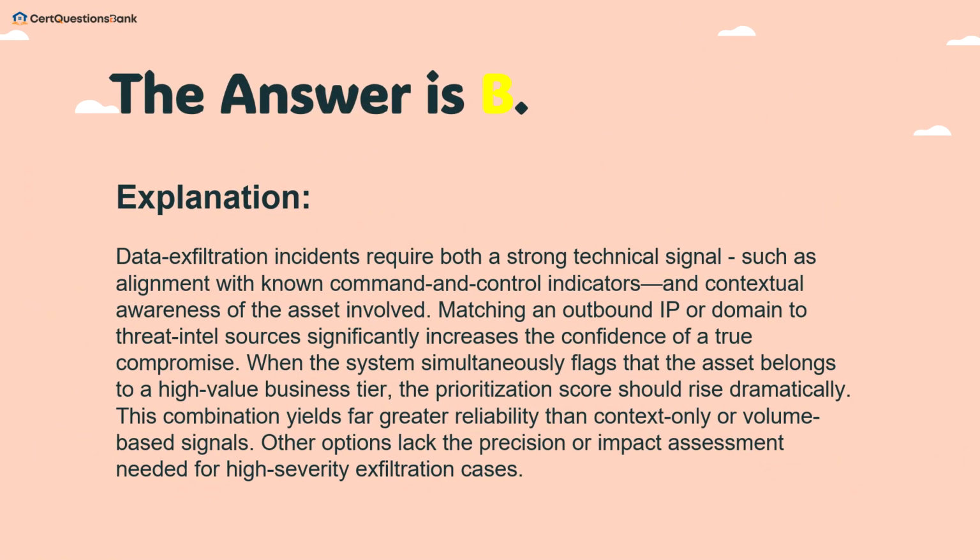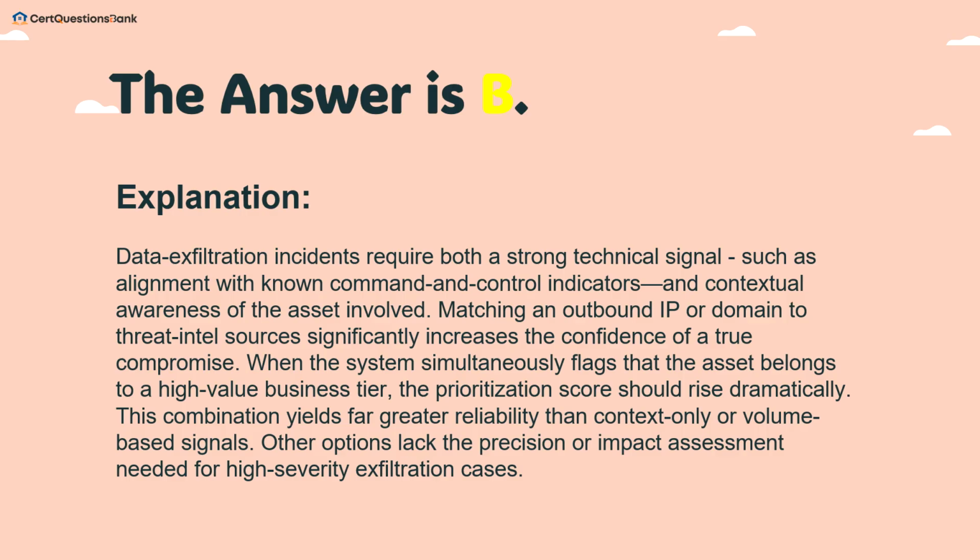The answer is B. Data exfiltration incidents require both a strong technical signal, such as alignment with known command and control indicators, and contextual awareness of the asset involved. Matching an outbound IP or domain to threat intel sources significantly increases the confidence of a true compromise.